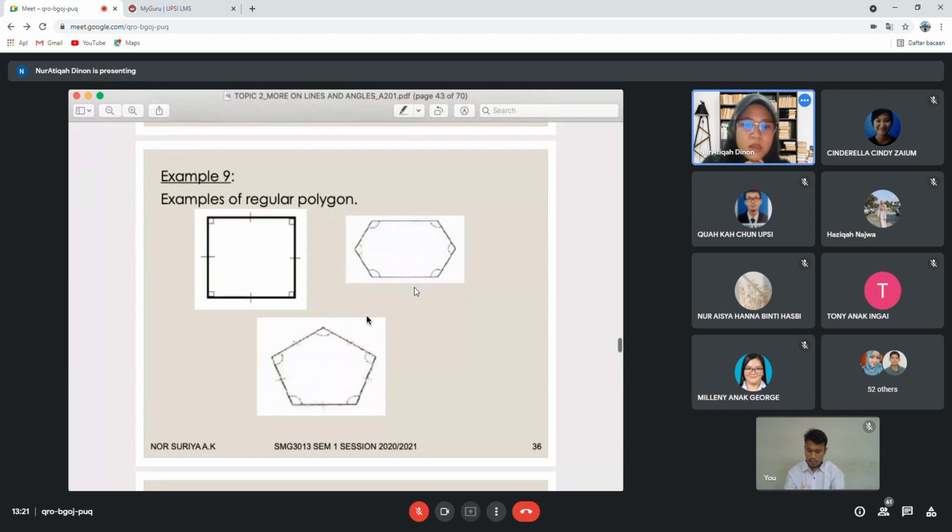But this figure is not an example of a regular polygon, because the angles are congruent, so it's equiangular, but the lengths are not equal, so it's not equilateral. But for this one, a pentagon is equilateral and equiangular. Okay, can anyone give me an example of a polygon that is only equilateral? Anyone?